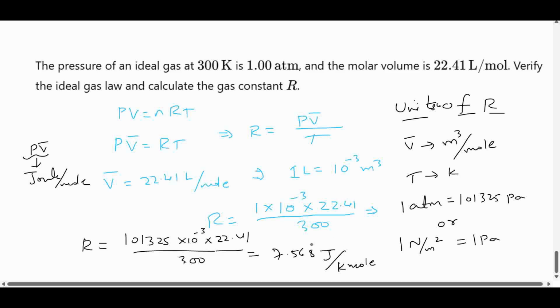We arrived at this closest answer because we converted into pascals, substituted them, and also saw the units accordingly. So those are the units of the gas constant in SI units. Even if it is given in other units, you should be able to convert based on this understanding.